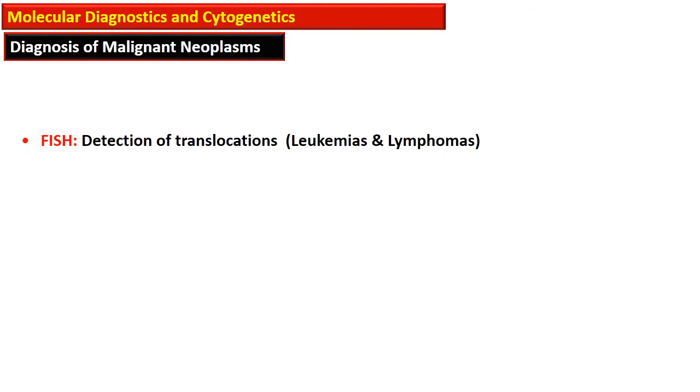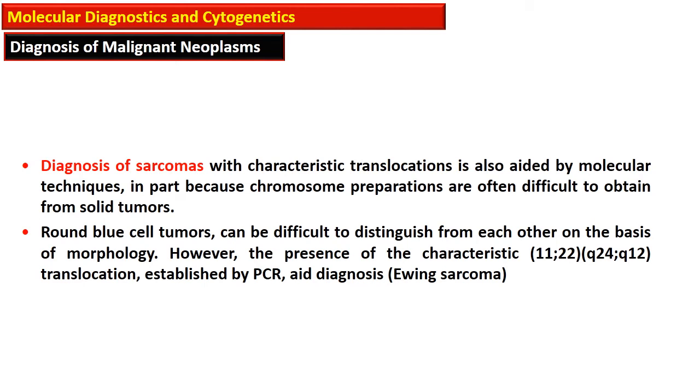Fluorescent in situ hybridization is used for the detection of translocations, which are frequently seen in leukemias and lymphomas and some other cancers also. The diagnosis of sarcoma is always a problem for pathologists, and these sarcomas are characterized by the recognition of the translocation that is present in a specific type of tumor.